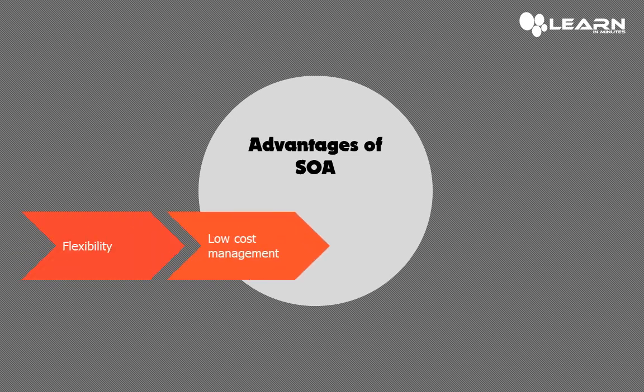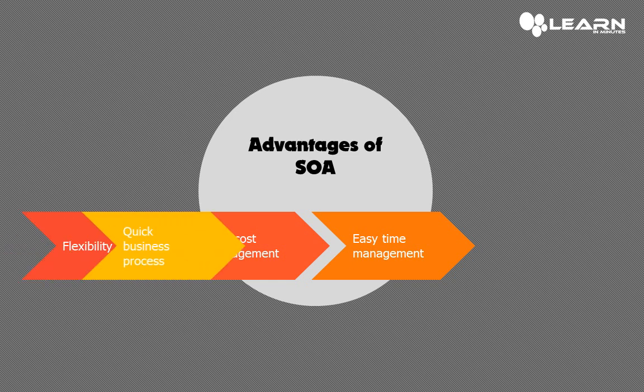Second, low cost management, so they need not worry about managing the entire process because everything will be done using this SOA. The third is easy time management. Even if you are going to change something, you need not worry about the development process. It will automatically get communicated through this service-oriented architecture.